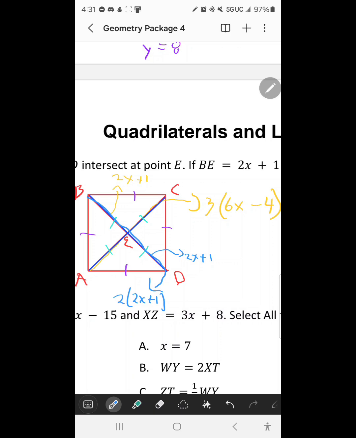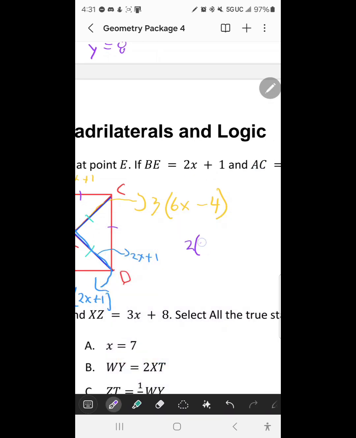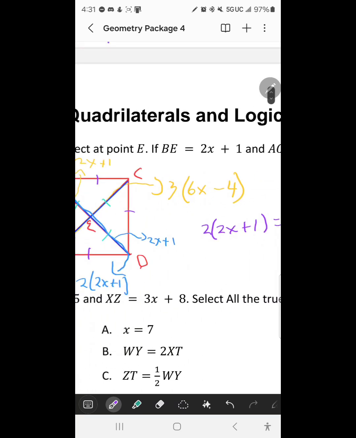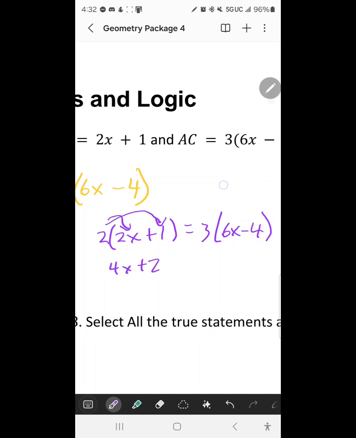Now that we have the two whole lines, we know those two are equal, we can say that 2 times 2x plus 1 equals 6x minus 4, because the two diagonals are equal. So let's calculate this. This will be 4x plus 2, you know the process.